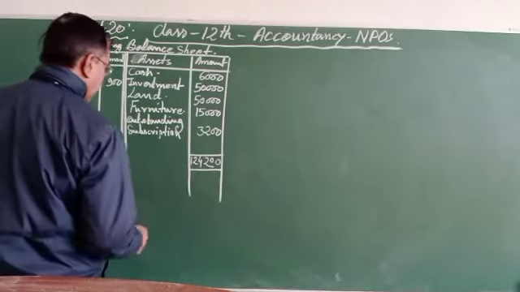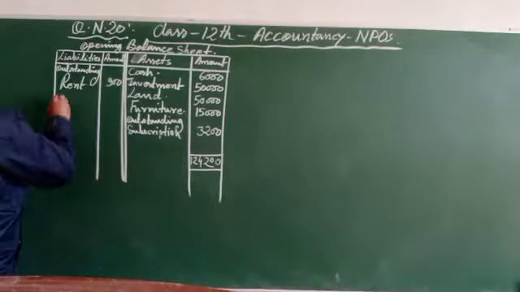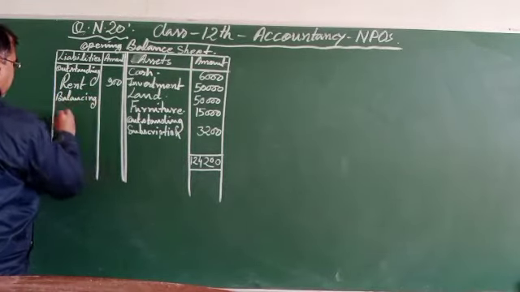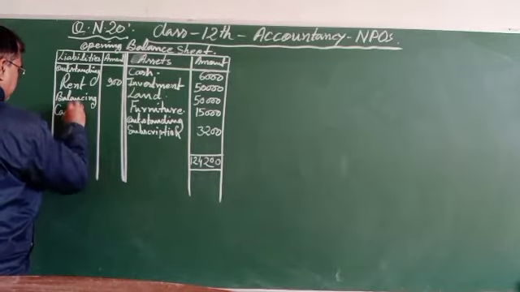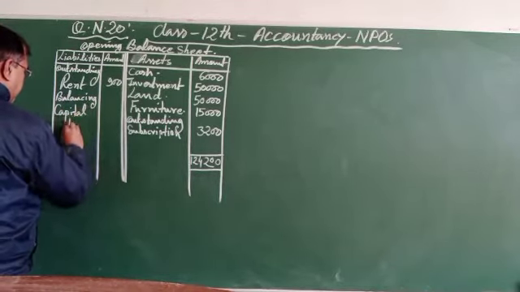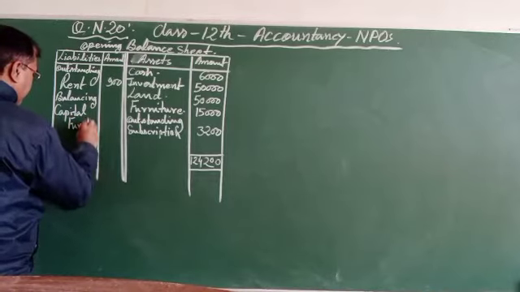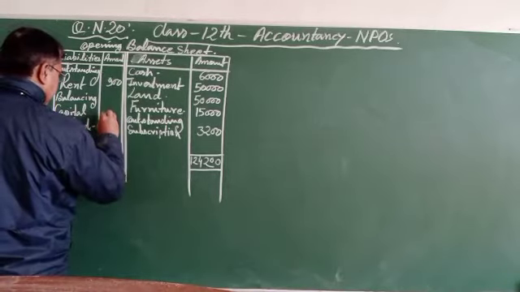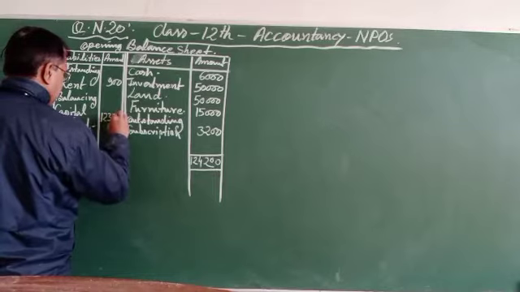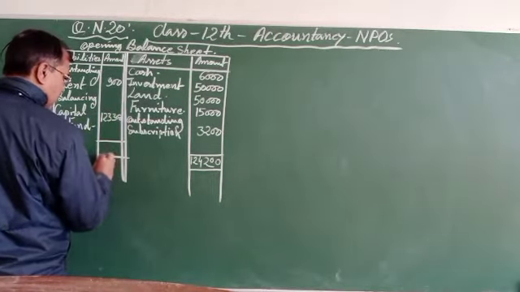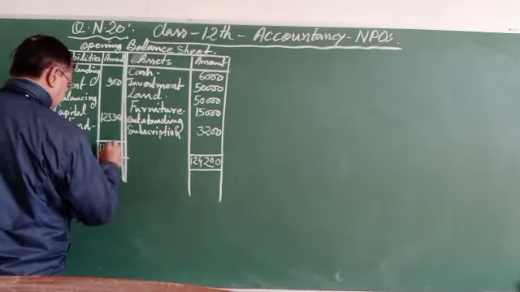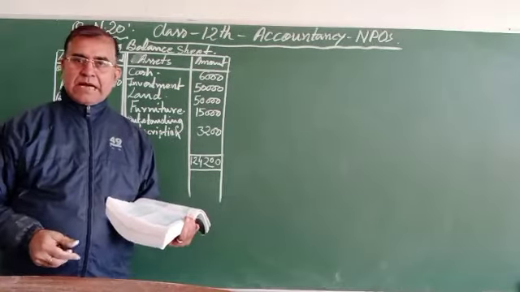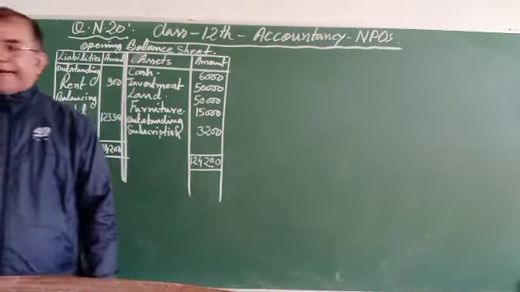Liability is only 900, so the balancing figure is the capital fund, which you can find is 1,23,300. Now 1,24,200 is the opening balancing figure.